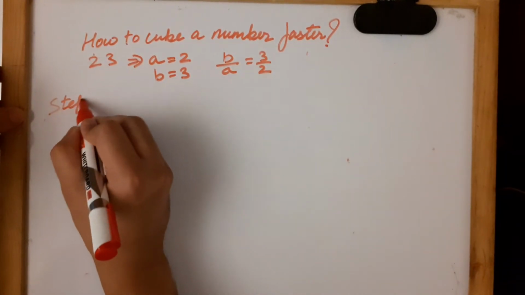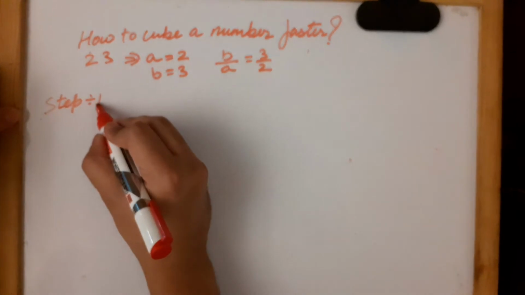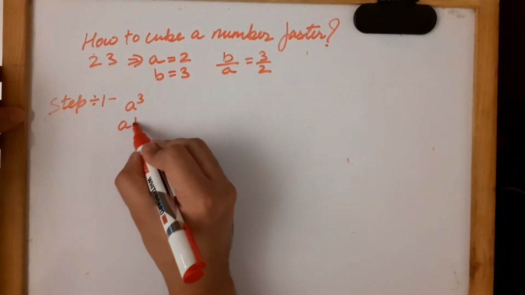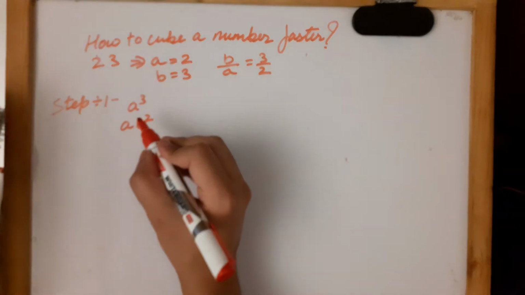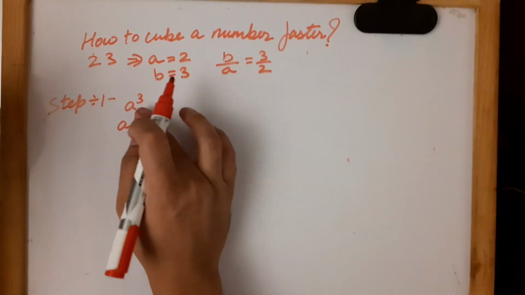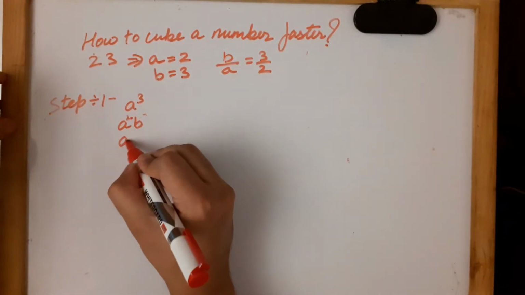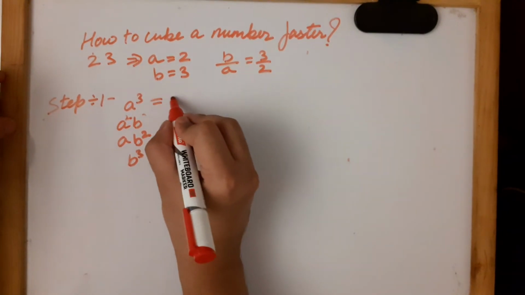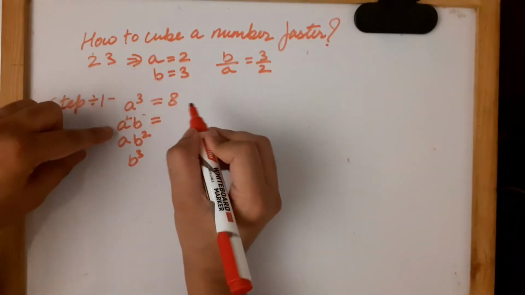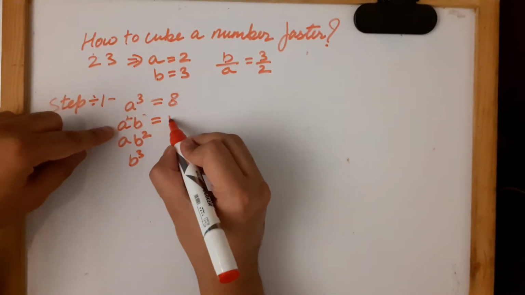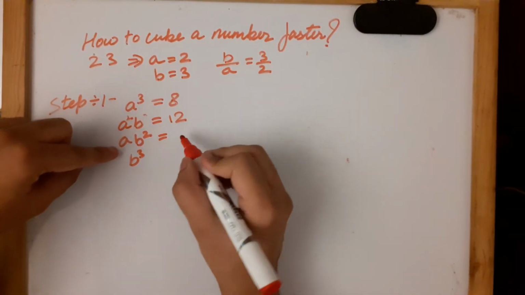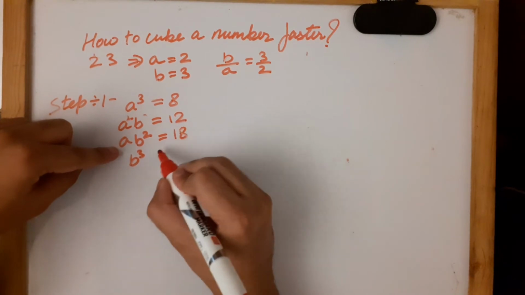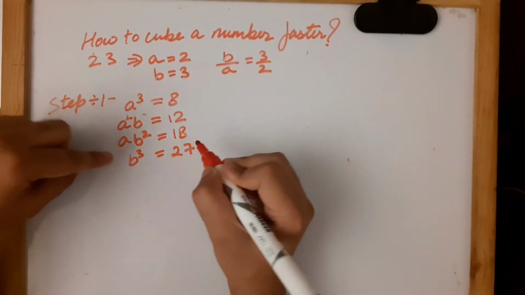You have to do the same. Step 1: a cube, a square b, a b square and b cube. Our a cube is 8, and a square b, 4 into 3, is 12, and a b square is 9 into 2, 18, and we are having 27.